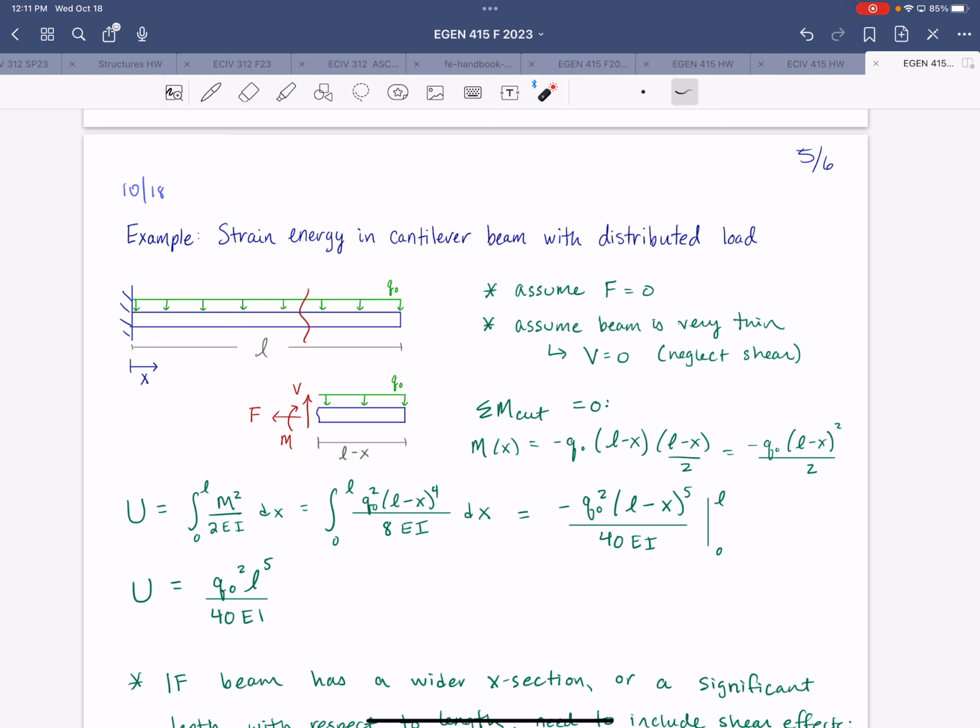So you'll see how quickly, basically, what you'll find, without spoiling too much, is that for a lower L over D, which would represent a beam that's pretty short compared to its depth, not long and slender, your shear contribution will dominate.